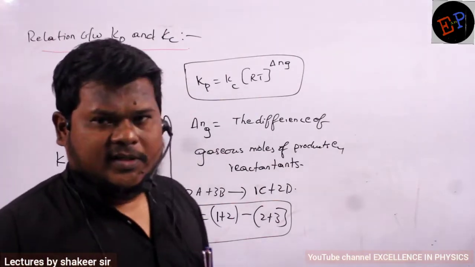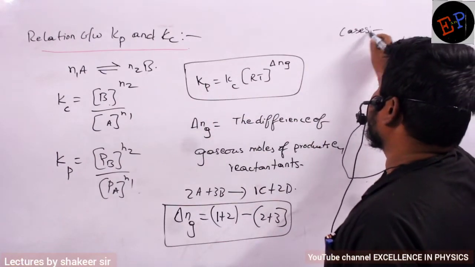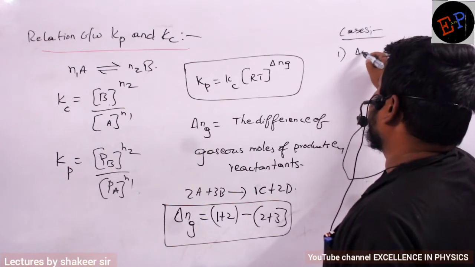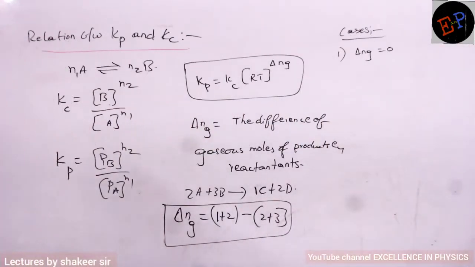Here we can write some cases also. The first case: if delta Ng is equal to 0, the difference in the number of gaseous moles of products and reactants is 0.